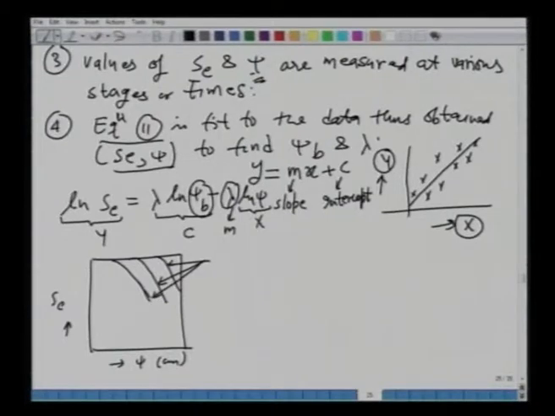and these different curves you see correspond to different values of lambda, or these lines for different lambdas. Okay. So, once we have established this relationship, we can find out what is psi as a function of S E or theta.